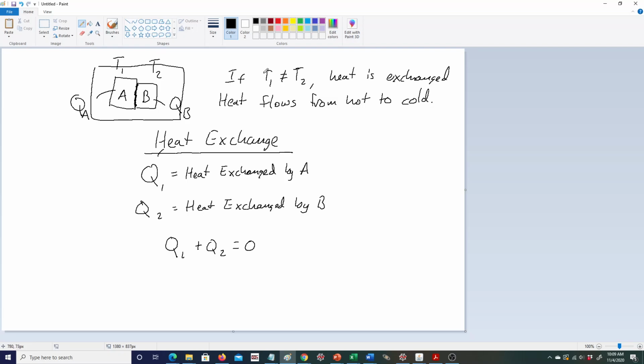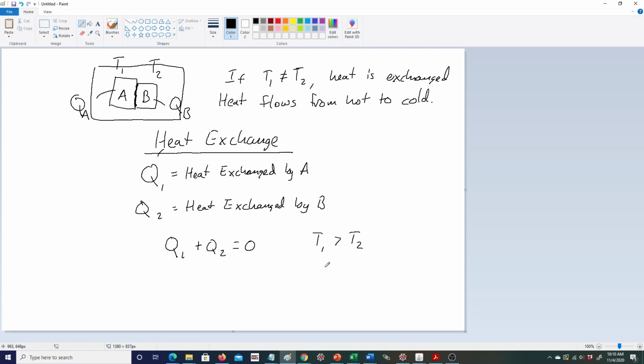So these two objects are at different temperatures. T1 and T2 are not the same. For our sakes, let's just assume that T1 is larger than T2.